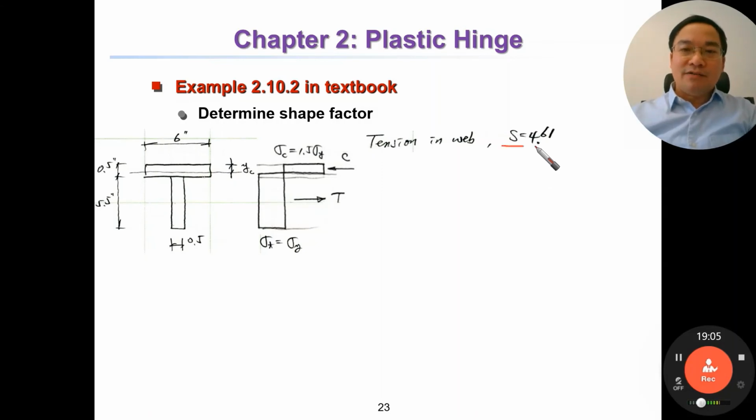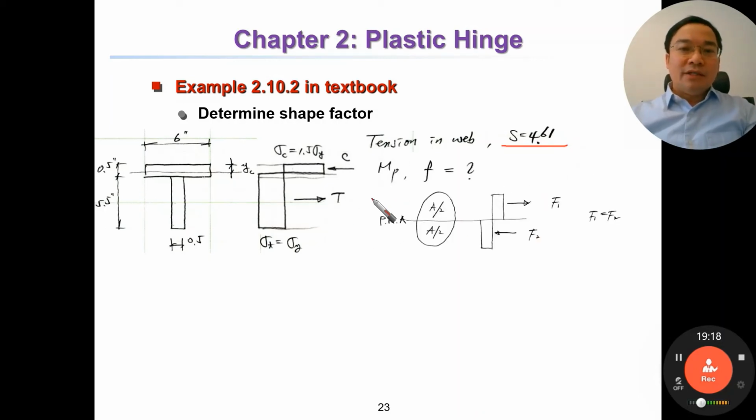So we have elastic section modulus equal to opposite section equal to 4.61. Okay, and what is Mp and what is F? To determine Mp, we have to determine PNA. So in this case, because in compression and tension is different, so we cannot use this one, but we use this one. F1 should be equal to F2. Okay, because in compression and tension, the yielding strength is different. So F1 equal to F2.